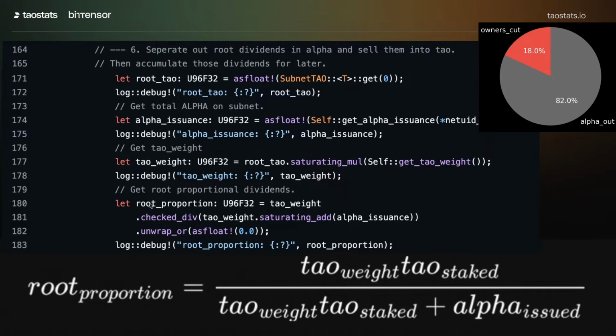So now root proportion is this variable of tau weight, which is actually these two terms combined, divided by, and remember it's a safe division here, this tau weight plus the total amount of alpha. And so that gives us our root proportion on this block for this subnet.